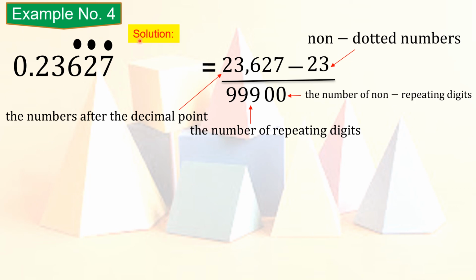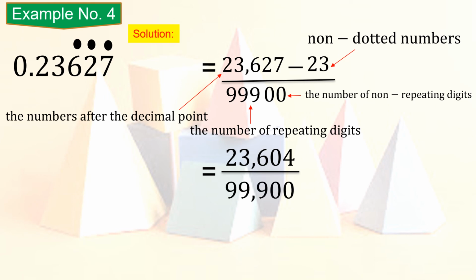So these are the repeating digits. We have 1, 2, 3, so we have three 9s. And we have 2 zeros here because we have 2 non-repeating digits. So from here, 23,627 minus 23 is equal to 23,604 over 99,900.